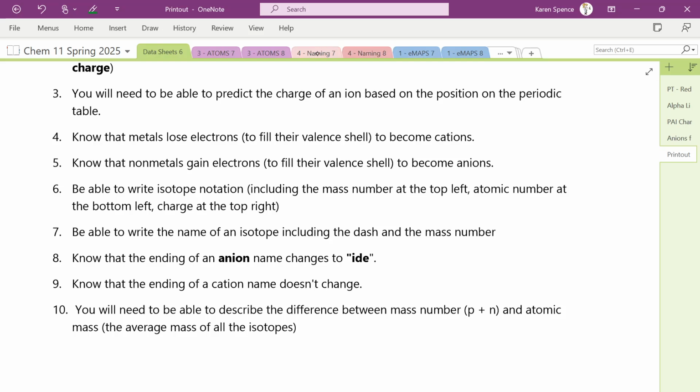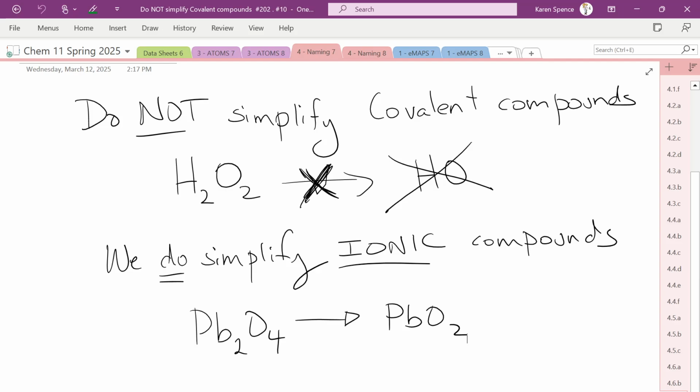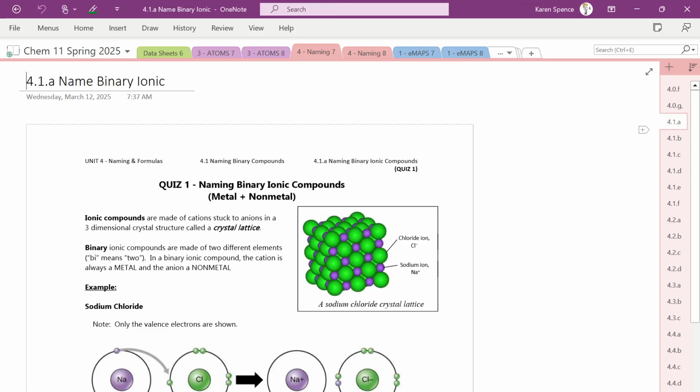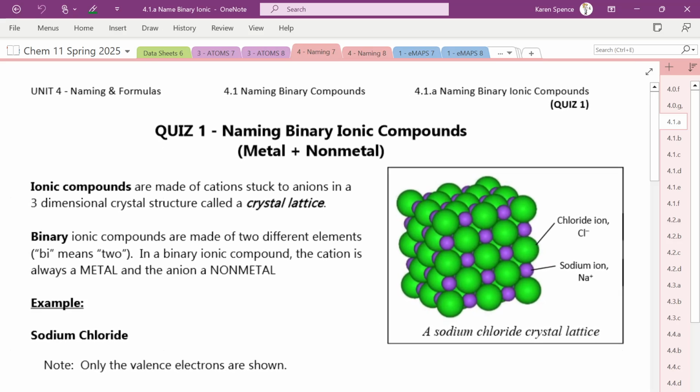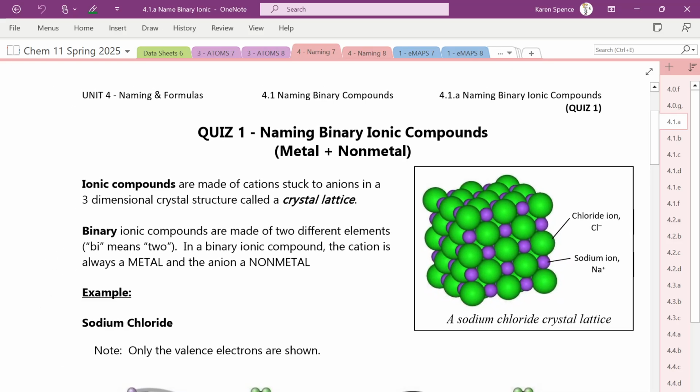All right, so back to Unit 4. And we want to go to... in the past, I have done this very slowly, and I feel like we can go faster because you are no longer COVID babies who missed a year of everything, right?